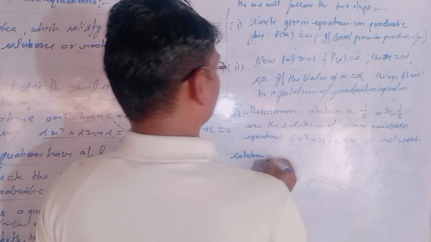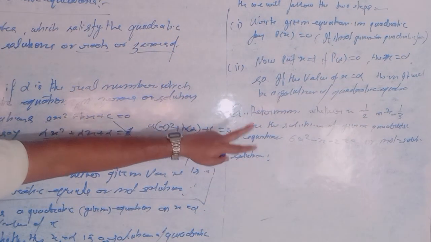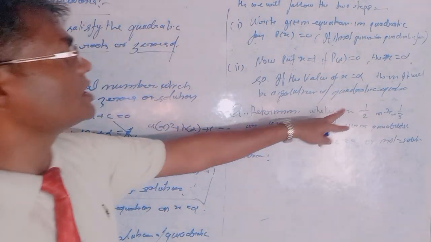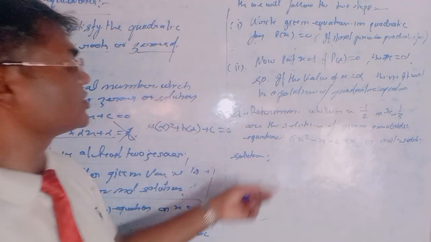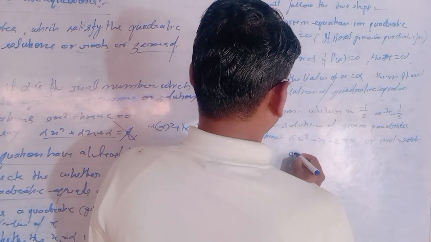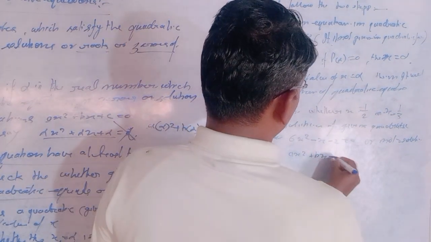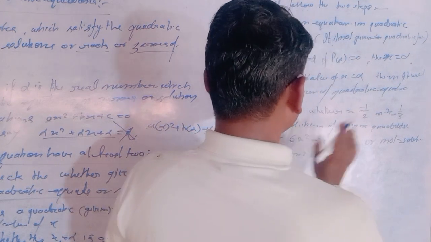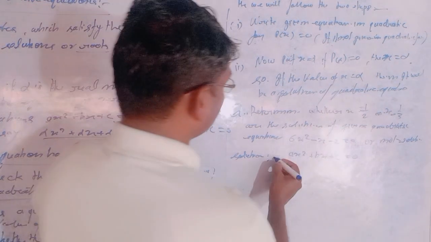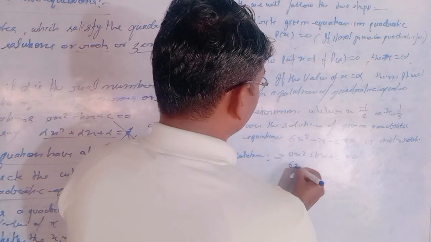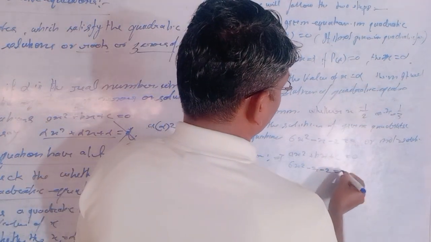First of all, the value of x is equal to minus 1 by 2 and the second value is 1 by 3, so we substitute in the quadratic equation, compared with ax square plus bx plus c is equal to 0. It is already in the standard form, so there is no need to rewrite: 6x square minus x minus 2 is equal to 0.